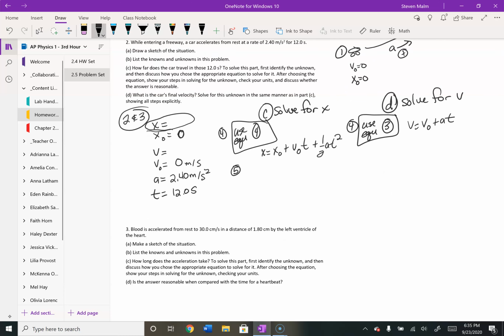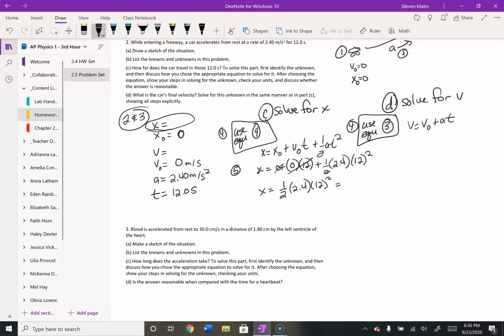So I'm going to plug and chug over here to solve for x. Looks like x is going to equal this. There's a lot of zeros on the board, so this one's going to go away, this one's going to go away. Looks like x is going to equal 1/2 times 2.4 times 12 squared.